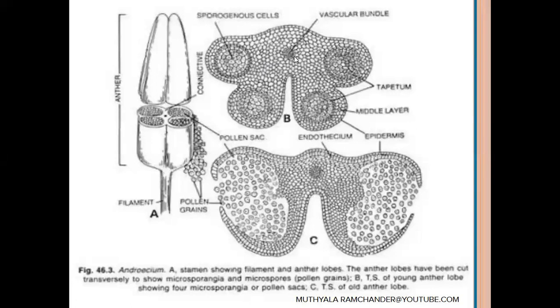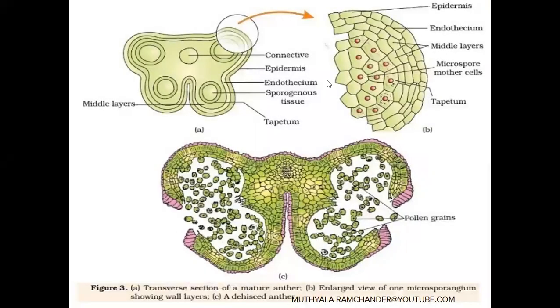We observe each microsporangium chamber at the matured stage. Some important walls are present. See, children, it is the microsporangium chamber. Here also a microsporangium chamber, here also a microsporangium chamber. We observe one microsporangium chamber enlarged.